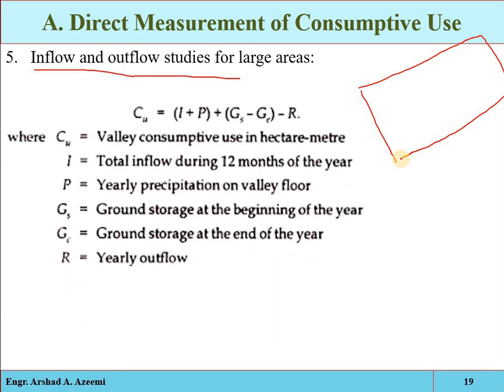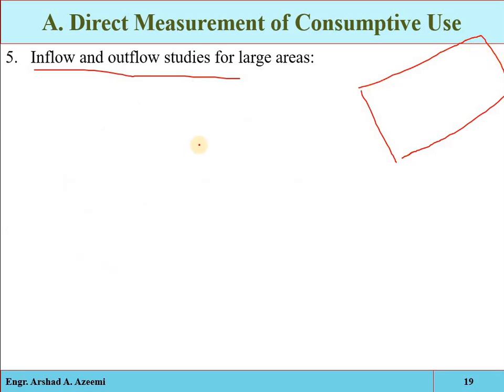So, for example, if that is the given area, there are three possibilities of entrance of water to this area. Clear? One is the direct inflow of water into the area, that is the surface inflow.